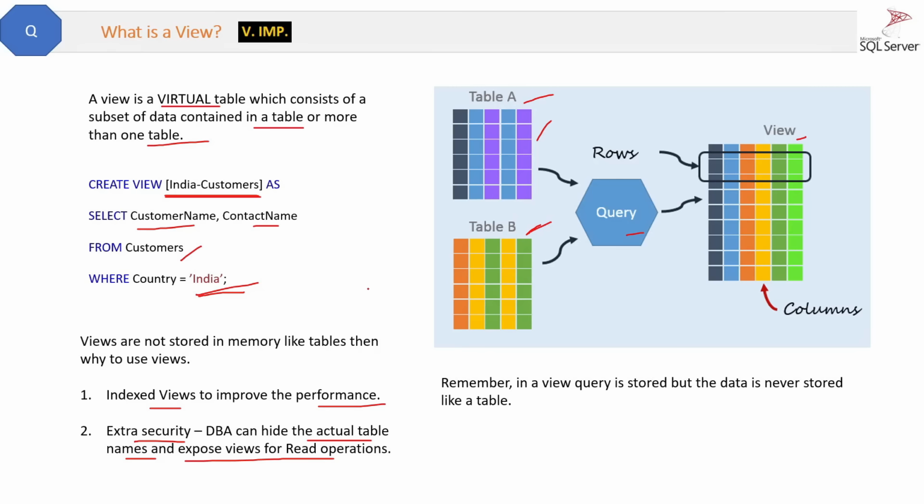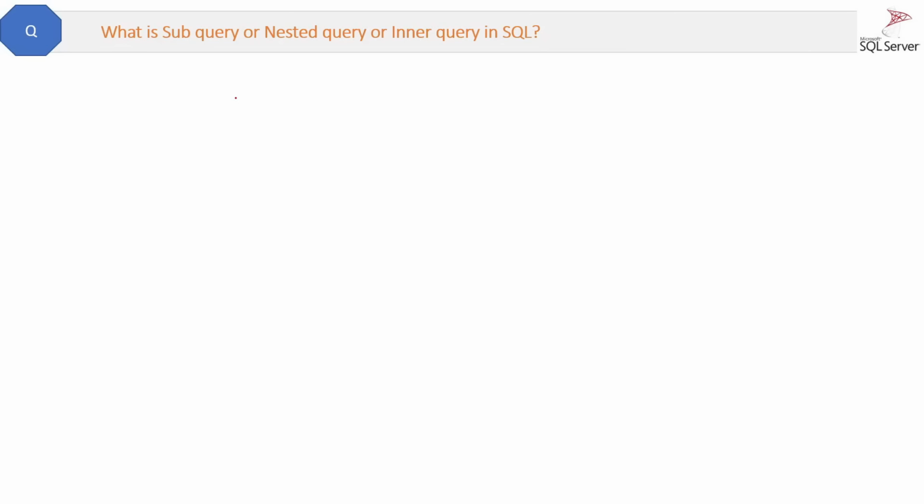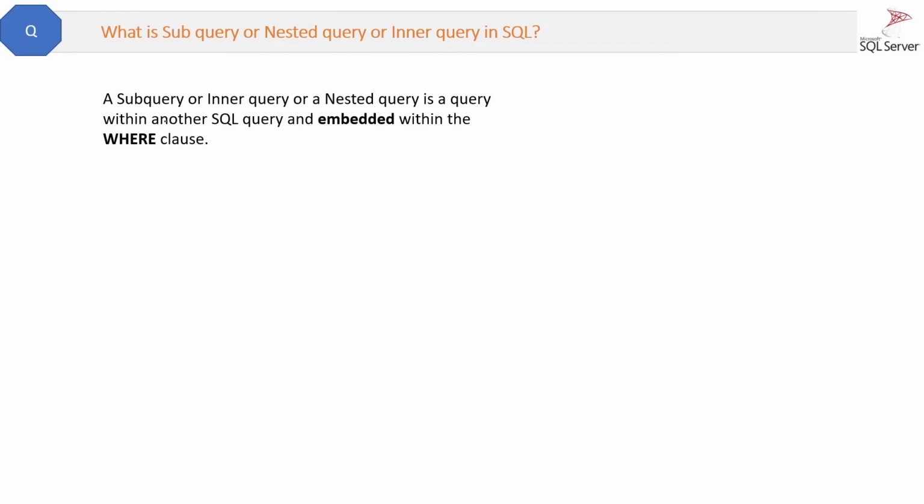So that is a view. What is a subquery or nested query or inner query in SQL? First of all, these three things are the same: subquery, nested query, and inner query. These are the same words, same thing. A subquery, inner query or nested query is a query within another SQL query and embedded within the where clause.